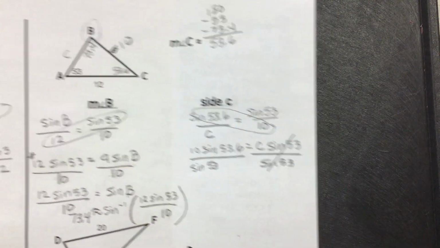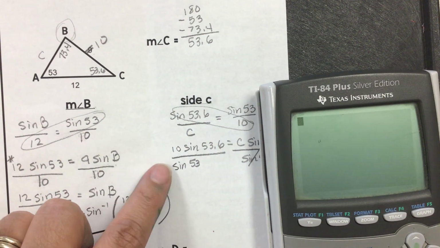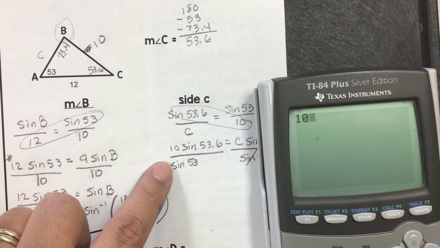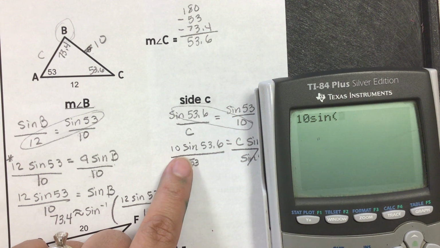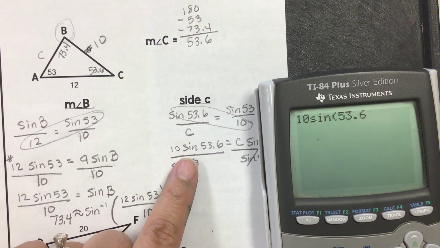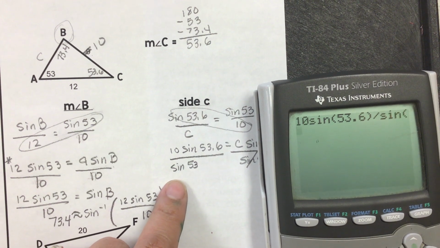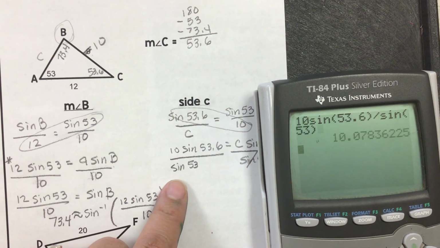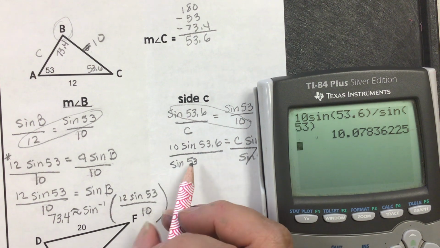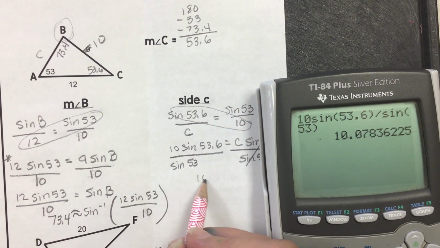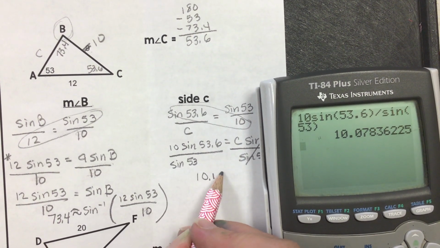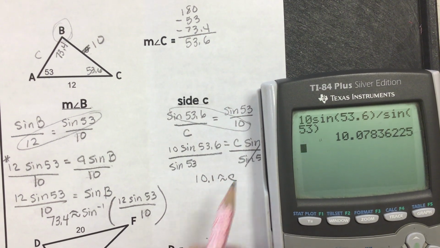And that's what we're putting in the calculator to get the approximate value of C. So 10 sine of 53.6, close those parentheses, divided by sine of 53, close those parentheses again. And we got 10.1 is the approximate value of C.